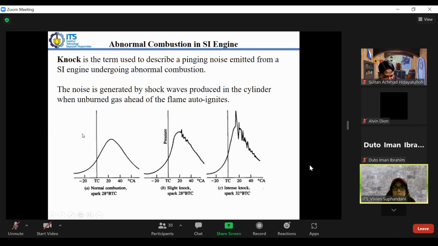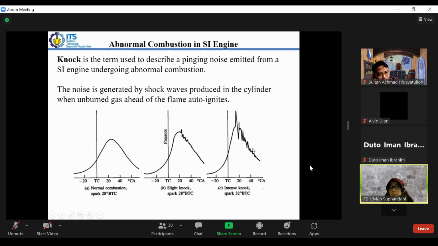When we plot the pressure as a function of crank angle, in normal operation we see a smooth pressure increase and decrease like this. But when we have knocking, we have a fluctuation in the pressure. Why is this happening? Because another area burns locally, which causes an increase at a certain crank angle.